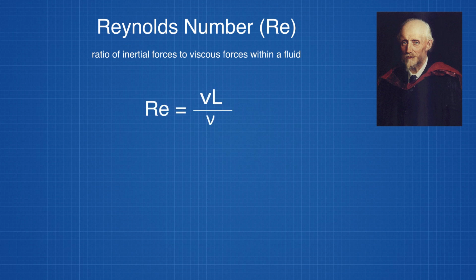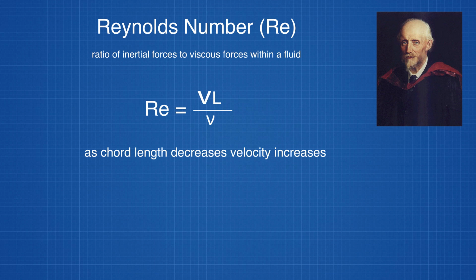Let's take a look at the equation for Reynolds. The Reynolds number is directly proportional to the product of the fluid velocity, in our case air, and the length of the chord of the airfoil. The problem is that as the chord length decreases, the velocity must increase.